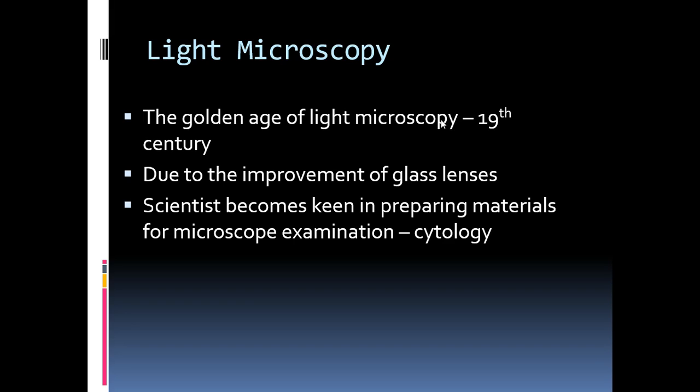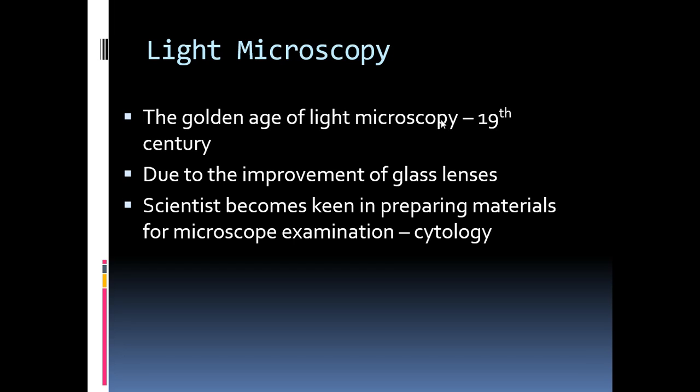Okay, so we have discussed just now that the first microscope was invented and built by Robert Hooke in the mid 17th century, where he discovered the first image of cells. But the actual golden age of light microscopy is around the 19th century, right?